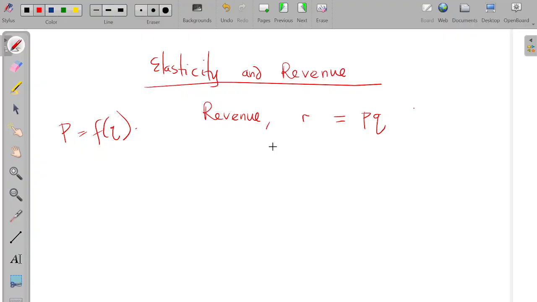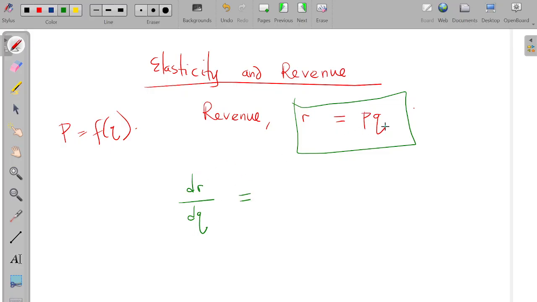All right, so now we want to link up this revenue with elasticity. To do so, we just need to differentiate this one. If you differentiate this, you are going to get dR over dQ, with respect to Q.